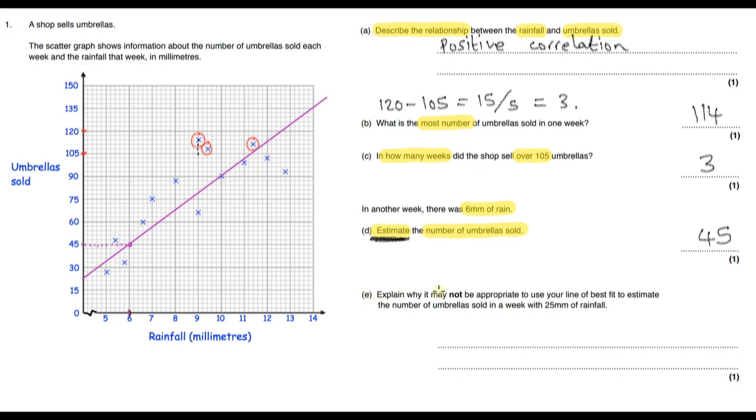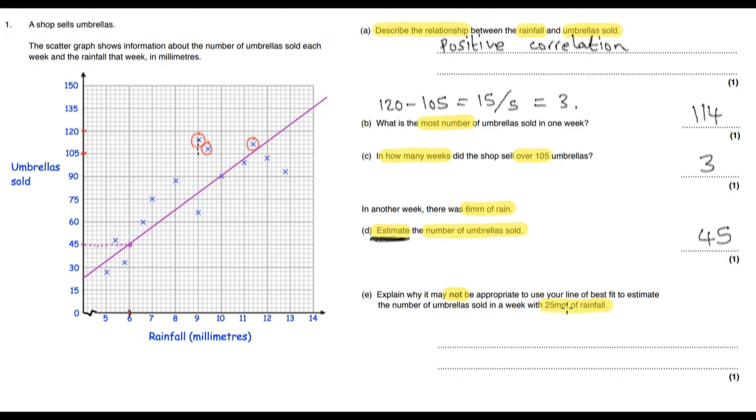Part E, explain why it may not be appropriate to use your line of best fit to estimate the number of umbrellas sold in a week with 25 millimeters of rainfall. So why was it okay to estimate the number of umbrellas sold with 6 millimeters of rainfall, but it's not okay with 25 millimeters?